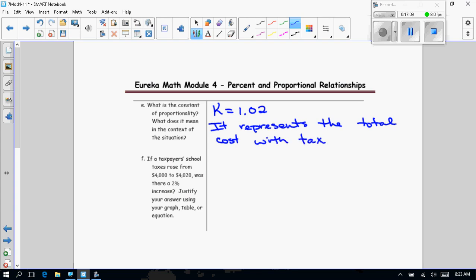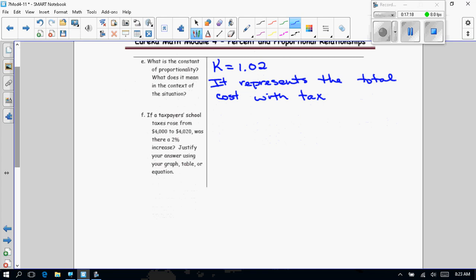It's the 100%, the cost of the tax on your home or on your property, and then that 2% increase.